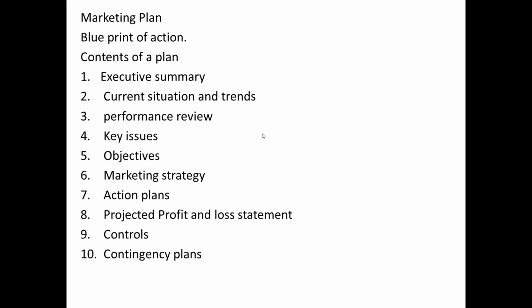So, in such cases where the things are unpredictable or where they do not have the control, the management comes up with certain contingency plans. So, again, one has to remold the plan and go through the entire process. Now, this is about the marketing plan.